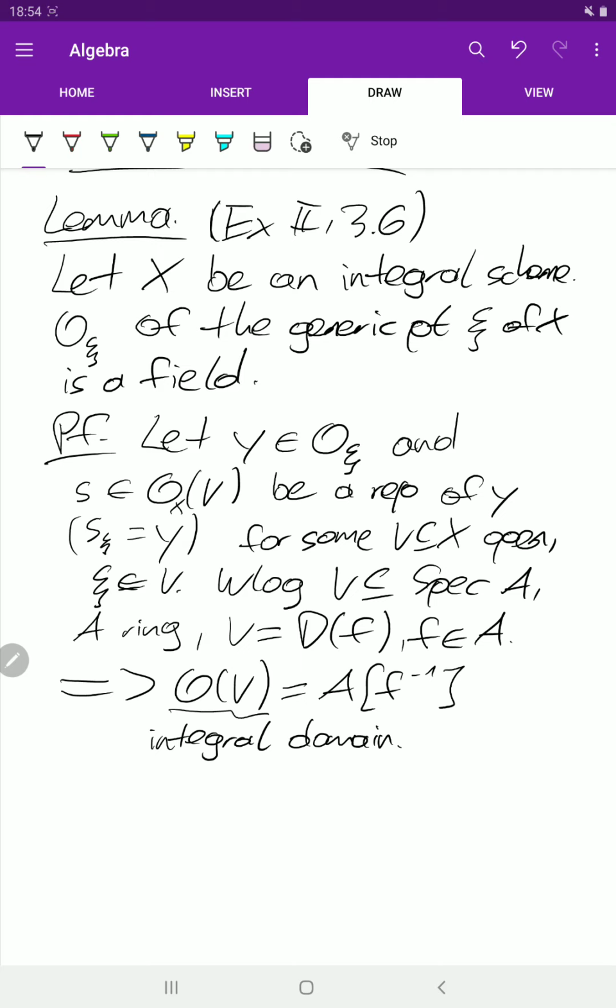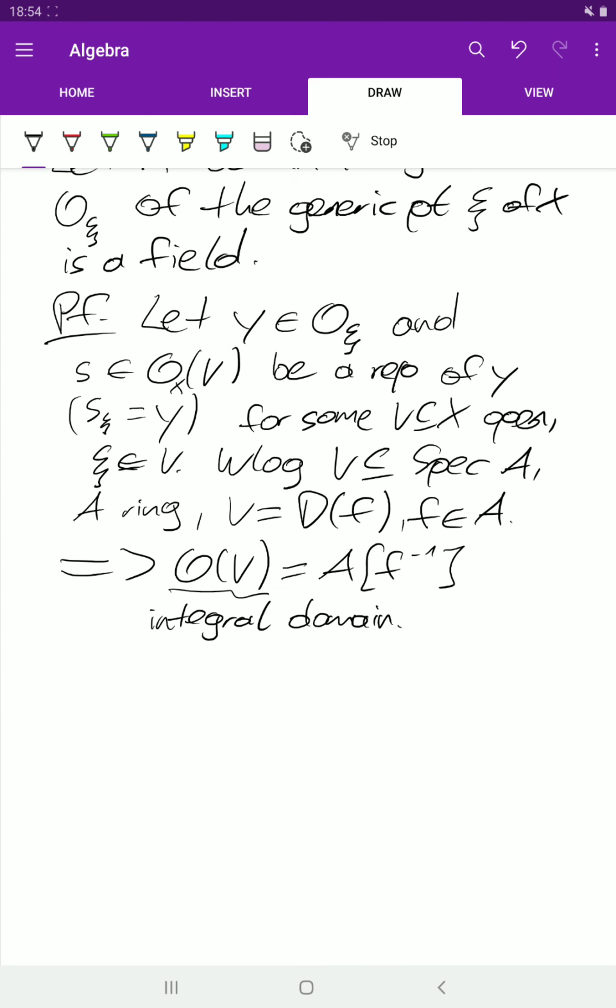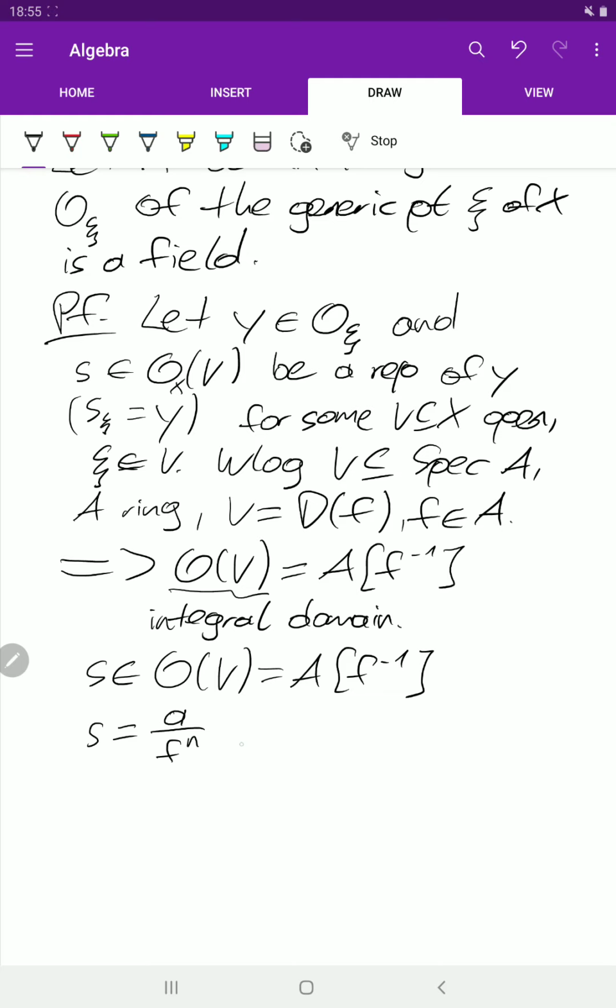So that's good. And now let's see. We have this representative s in O(V), in this integral domain, which is again localized at f, and then we can write s as a divided by f to the n, for some a in A, and n a non-negative integer.